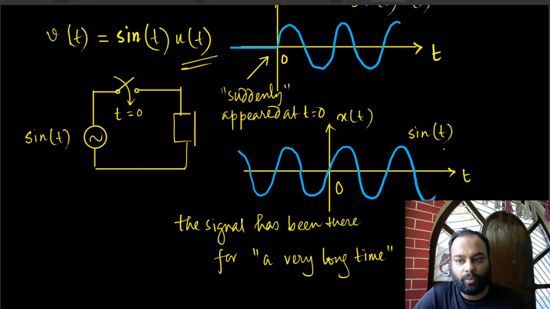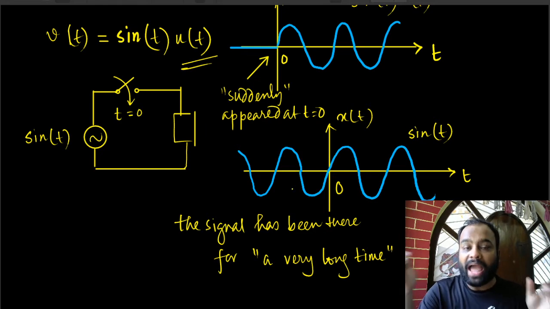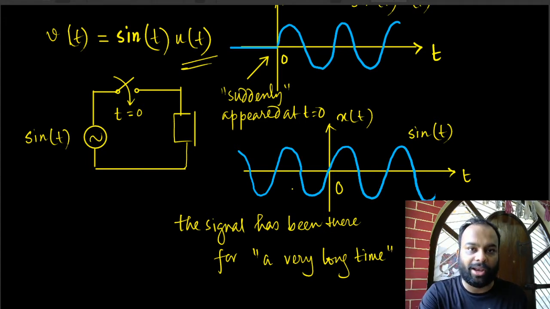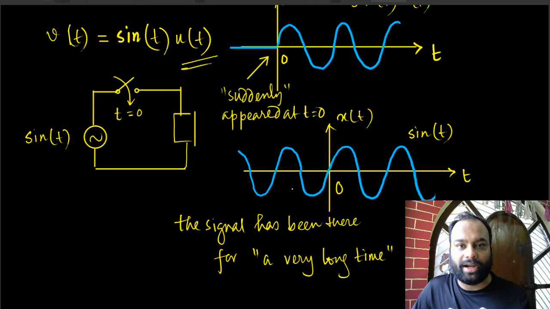Now this signal, which does not have u(t) multiplied with it, indicates that it has been there for a very long time. So this is the signal that probably has been exciting the circuit for a very long time. And what is a very long time? This is a relative term. What is infinity? For example, if you are a daily wage earner who earns something like 100 or 200 rupees per day, and you give that person 50,000 rupees, it's like infinity for that person.